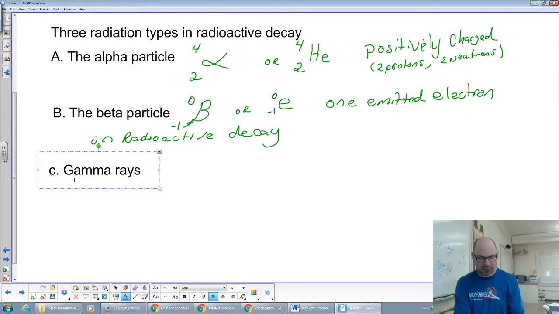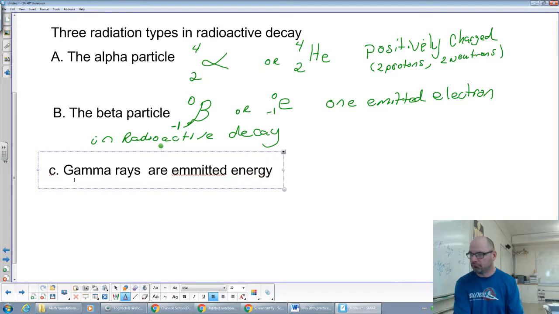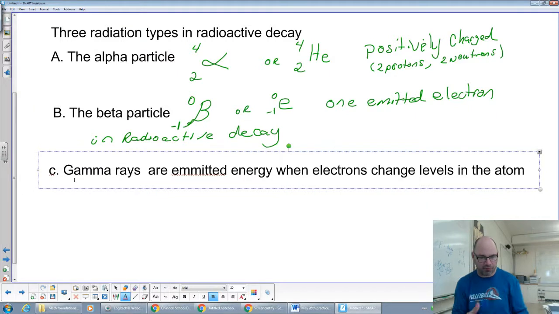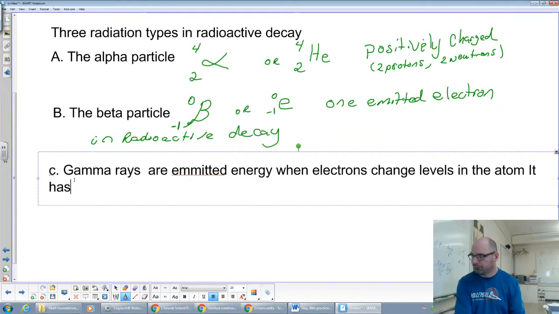Okay, these are emitted energies when electrons change levels in the atom. Okay, so they're kind of going from orbital 1 to orbital 2 or something like that. It has no mass. It's neutral.